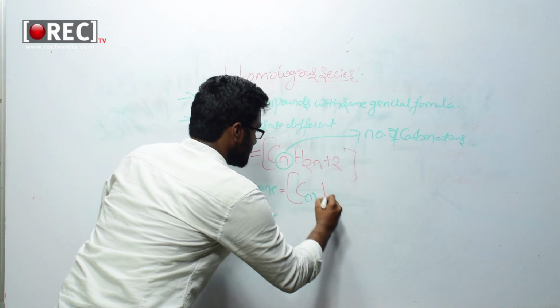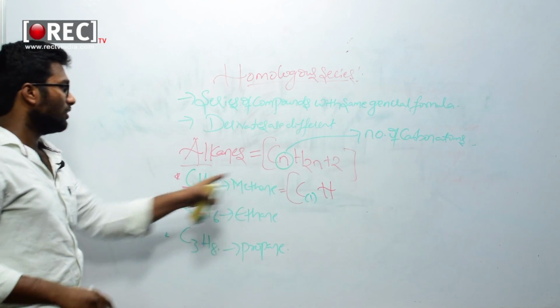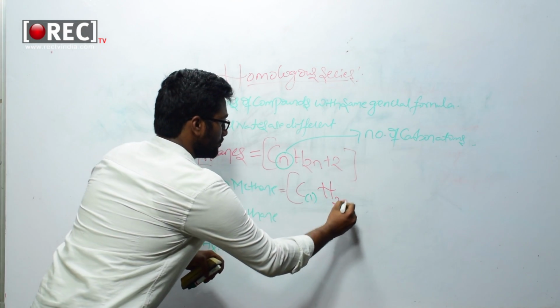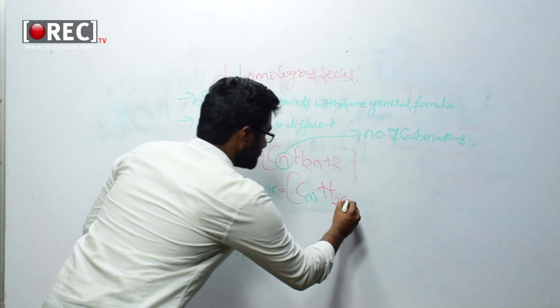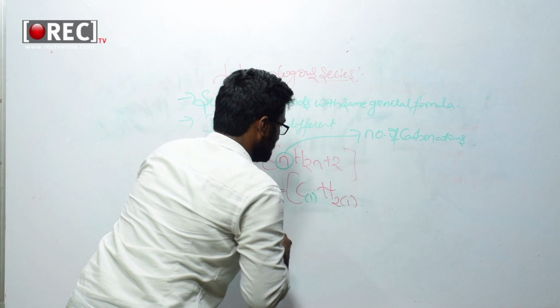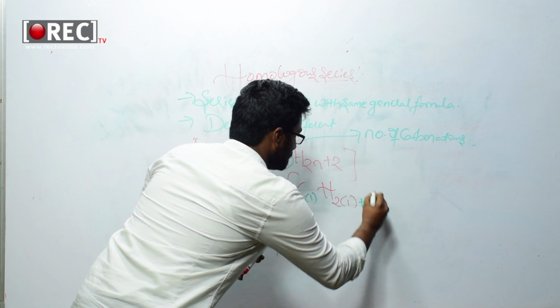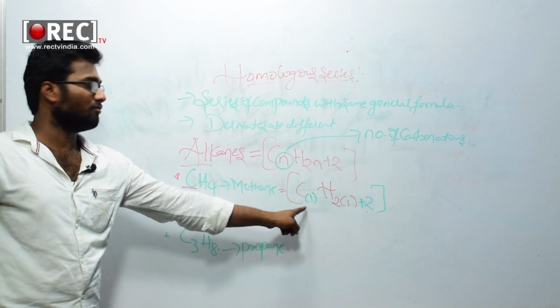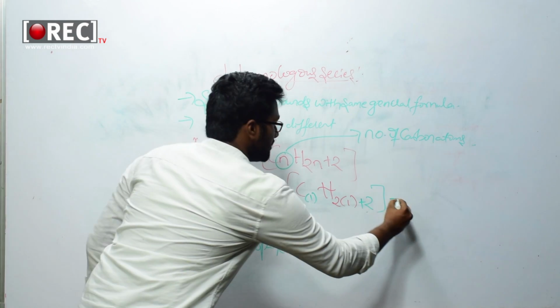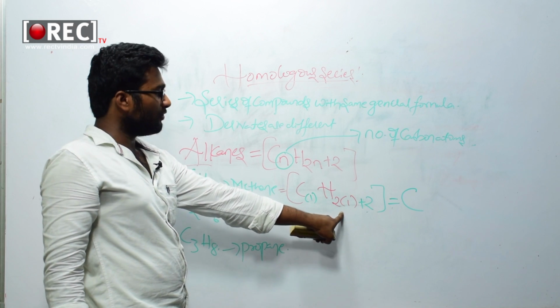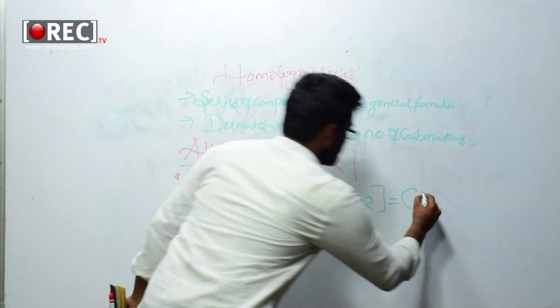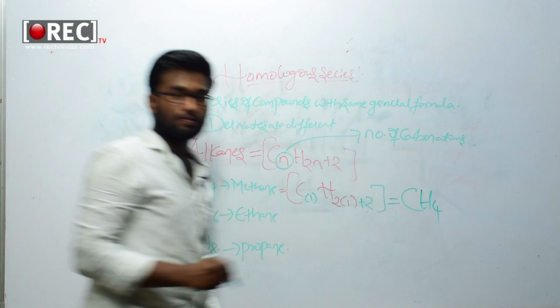Then H2n+2, with n as 1: 2 into 1, 2, 2 plus 2, 4. CH4.